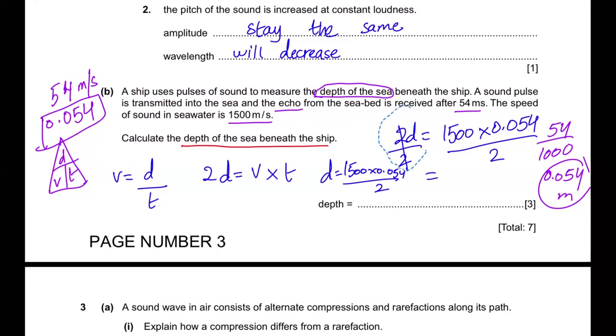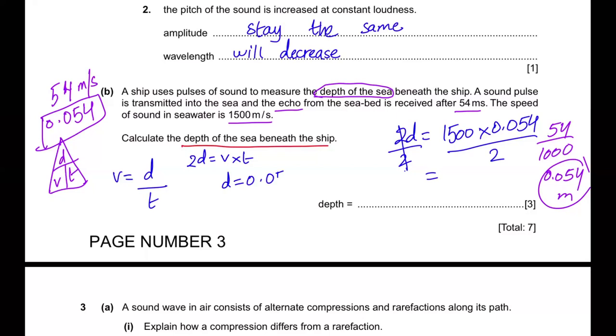Let me check the calculator. 1500 times 0.054 divided by 2. 40.5.